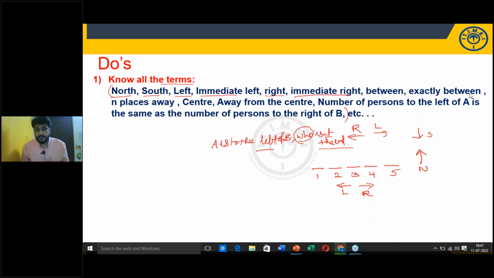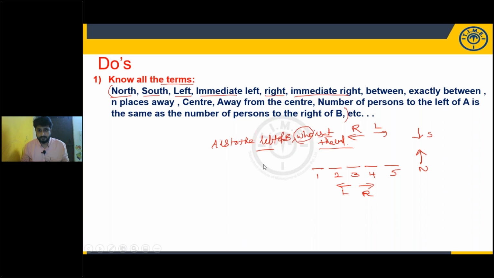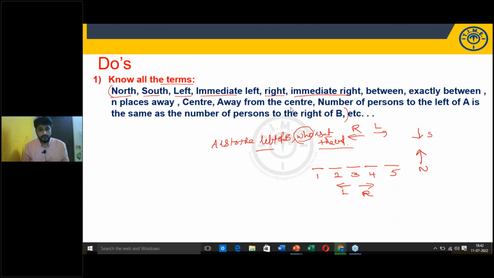It is an interactive session, two-way communication. Kavya, okay.